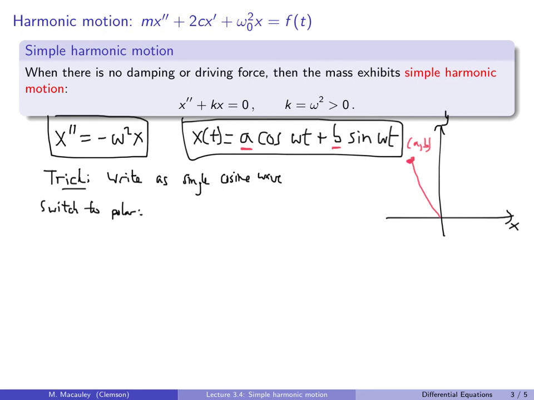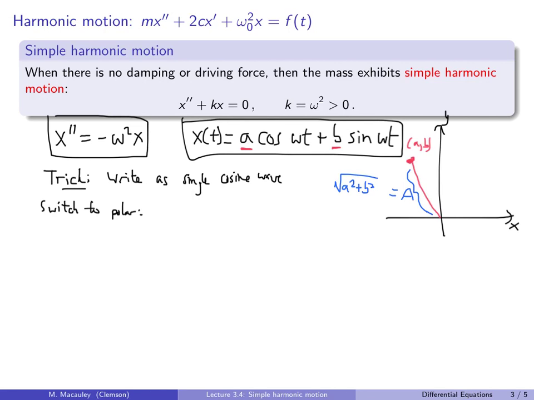So this line has length or radius, some number. Let's call it A. And that A, by the Pythagorean theorem, is just the square root of a squared plus b squared. Again, A is just the length of that line segment.